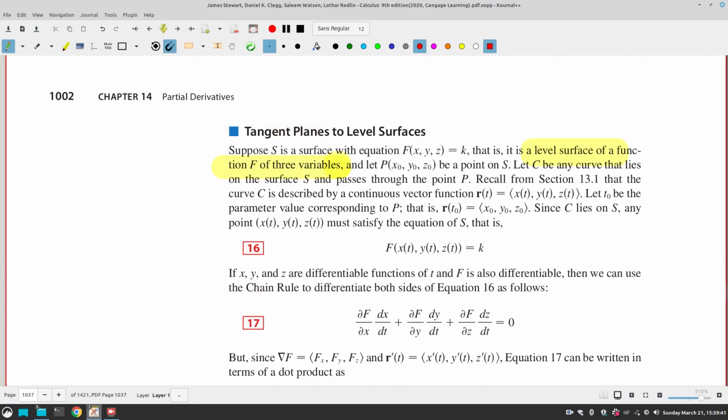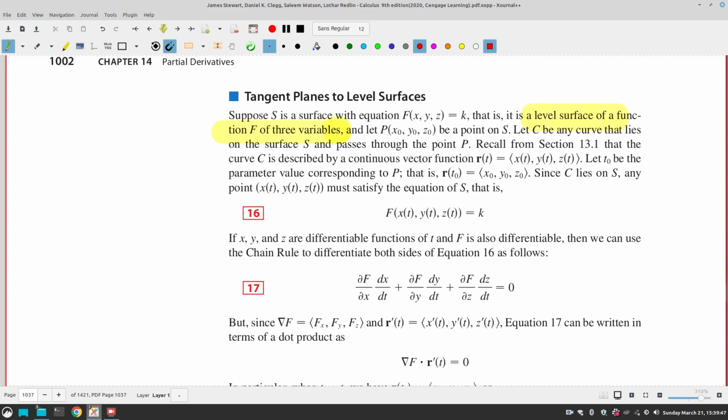So remember, any curve can be parameterized by one variable, t, right?